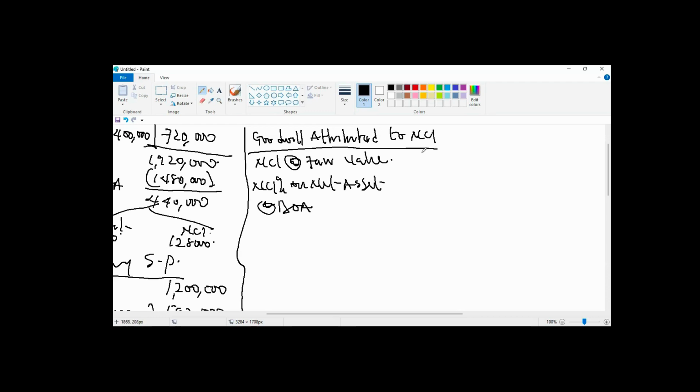NCI at fair value is 720,000. NCI percentage, 0.4 times 148,000, which gives me 592. 720 minus 592. What does it now give us?